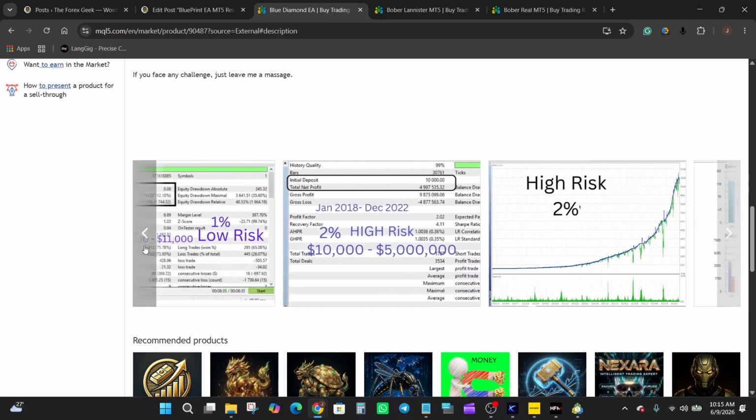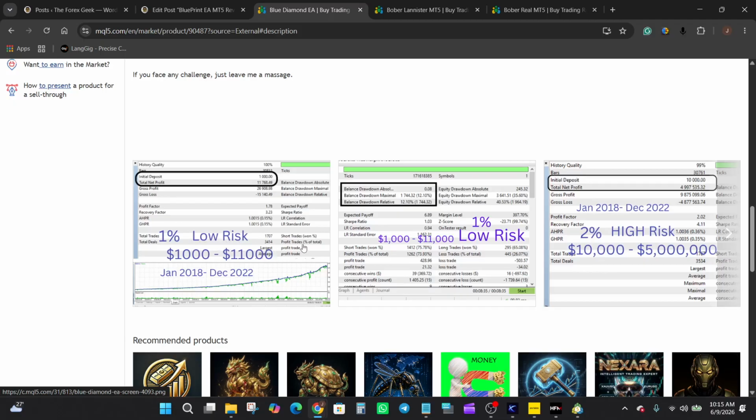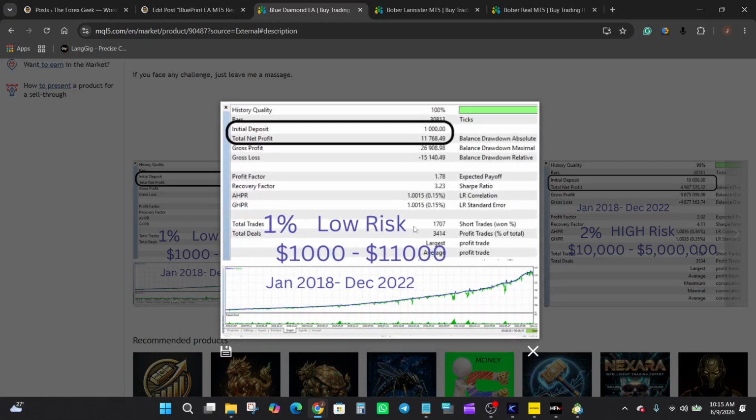Now, when reviewing the historical chart activity and testing results, the main observation is how strongly the overall performance appears tied to risk selection. The developer's own guidance consistently points users toward the lower risk configuration, suggesting that account preservation and drawdown control are important considerations when using the EA.